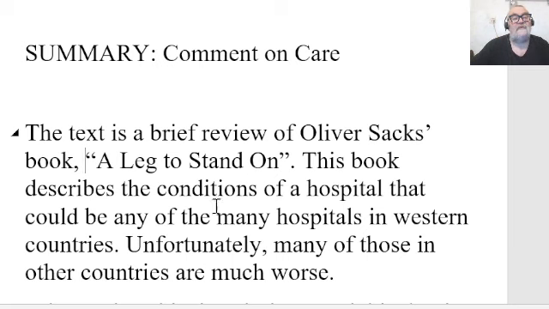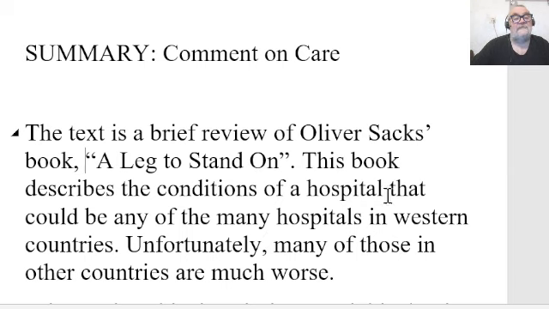This book describes the conditions of a hospital that could be any of the many hospitals in Western countries. Unfortunately, many of those in other countries are much worse.